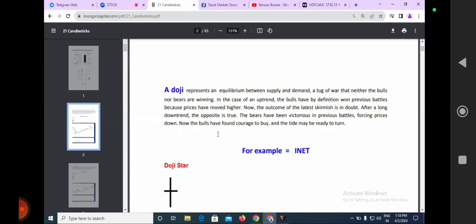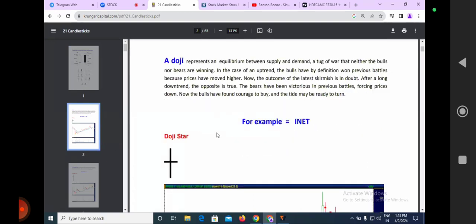The first candle for our discussion here is the doji. I hope students are able to recollect the word doji. Many people, even experts who trade this market, would have used the word doji candle. What is this doji all about?